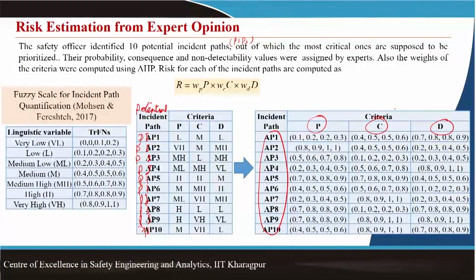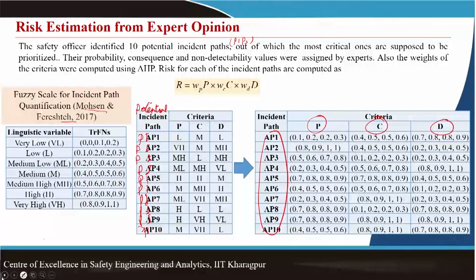Here we have used the scale from the probability as well as consequence point of view. Earlier it was pairwise comparison, which one is more important, less important. Don't get confused between the two.